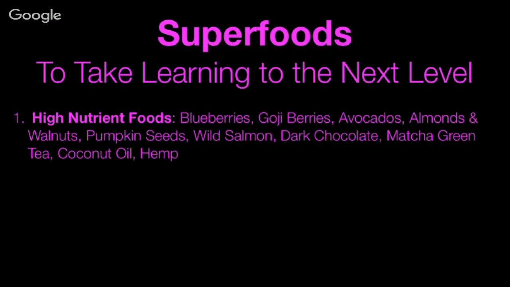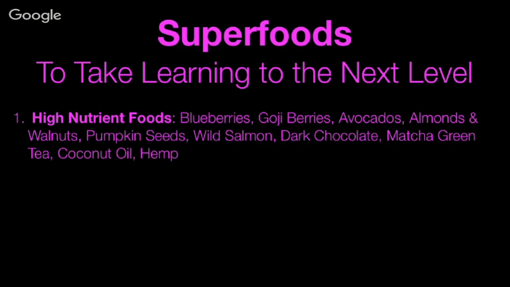So I'm just reminding you of some of those superfoods, which are nutrient-dense foods that are high in minerals, nutrients, vitamins, and antioxidants. And the nice thing about these whole foods is that the nutrients are synergistically combined, so it's better than taking supplements.